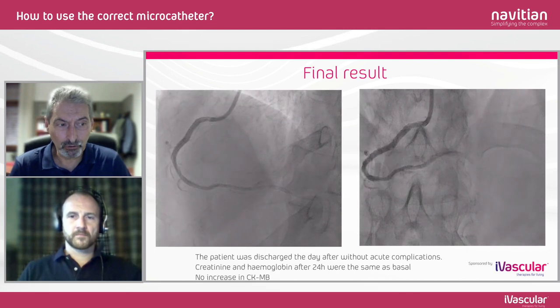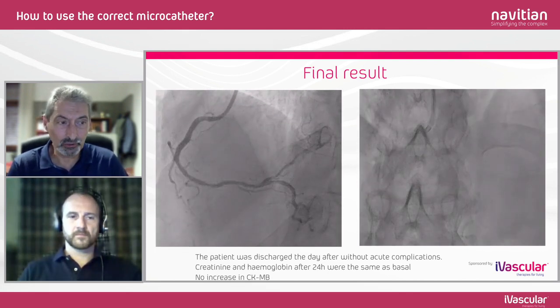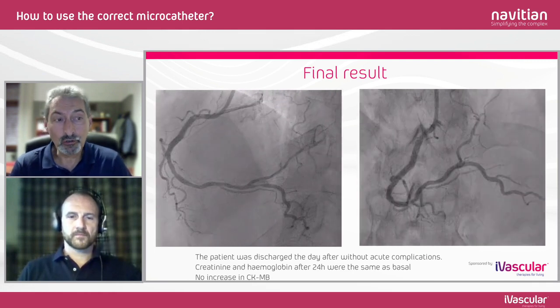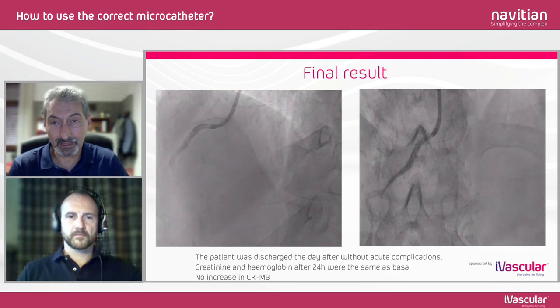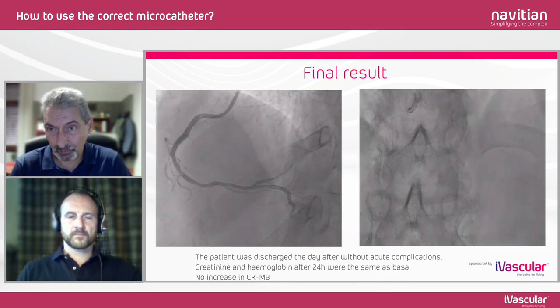Such a simple anterograde occlusion, no CK rise, no discomfort during the procedure, and an excellent, in my view, durable long-term result, greatly facilitated by the use of a microcatheter.